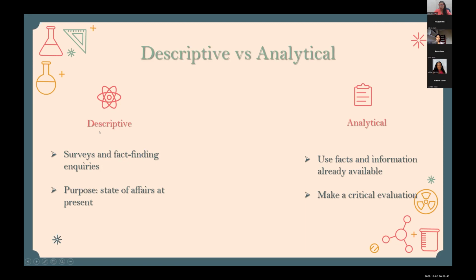So what is descriptive research? It's based on surveys, fact-finding inquiries. For instance, a descriptive research could be the state of affairs at the present, right? So analytical research would be you are using facts and information already available, and you make a critical evaluation of the information you find.